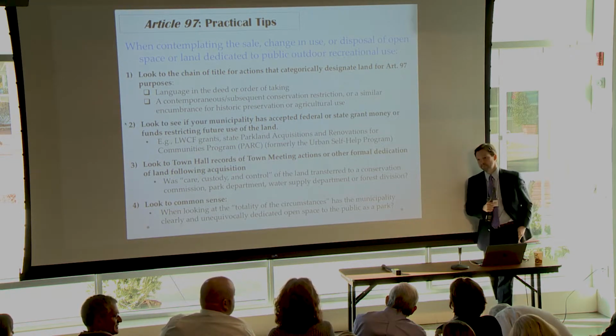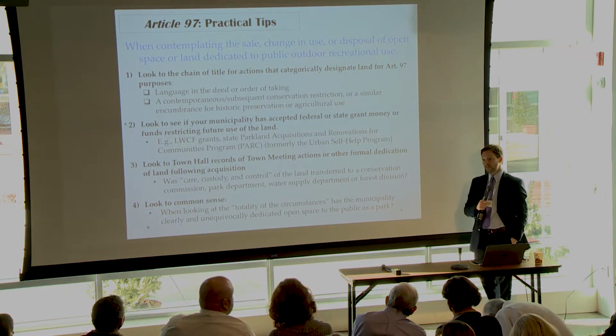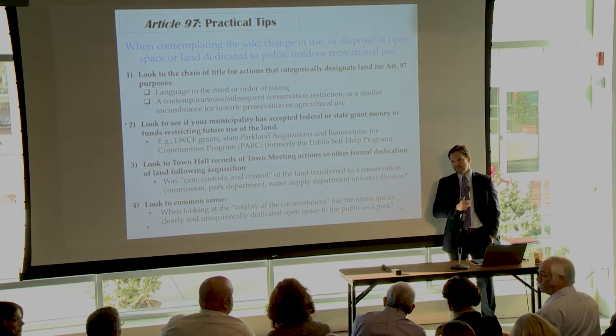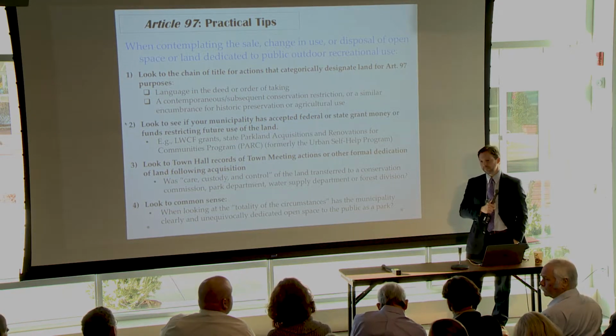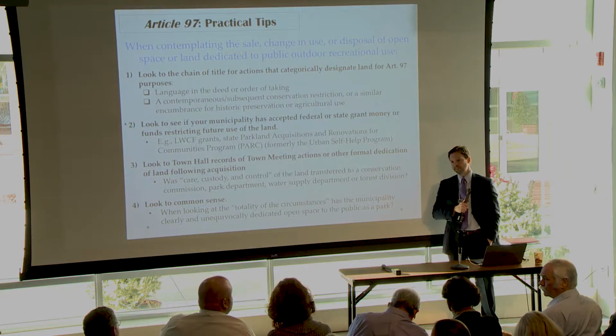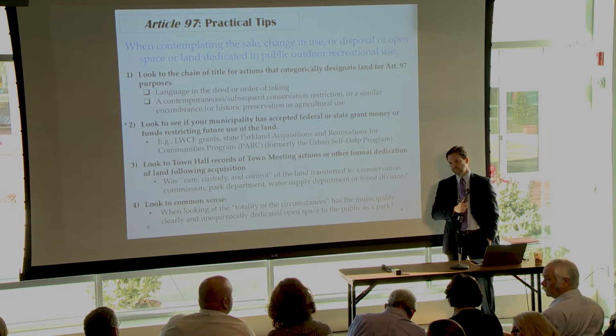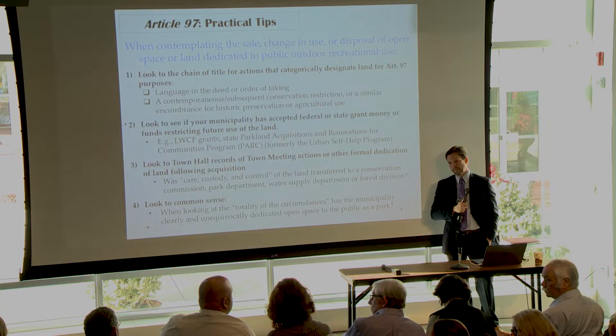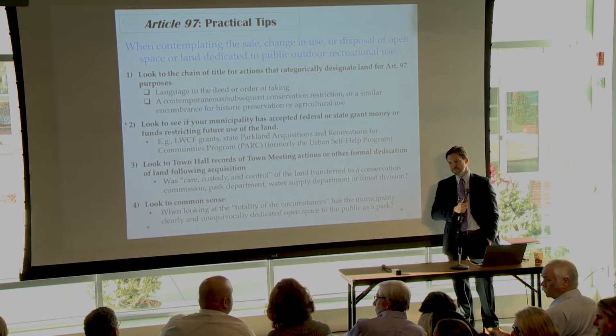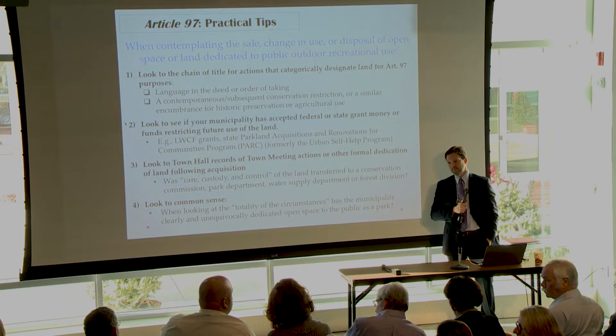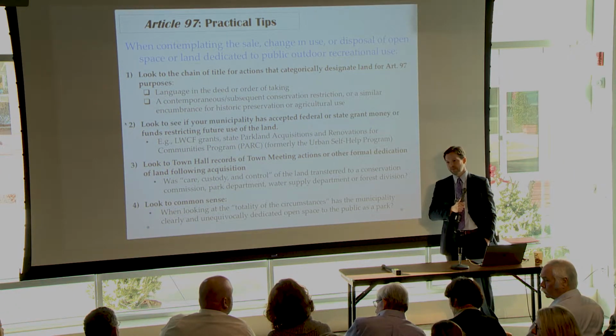Yes, sir. You mentioned acceptance of the federal or state grant money. In applying for that, they may have checked off boxes and said Article 97. So if the property had been designated for a grant, and the city has not yet accepted that grant, the state has approved it, authorized it, but has not actually seen the check, is that also potentially a factor that could be considered?